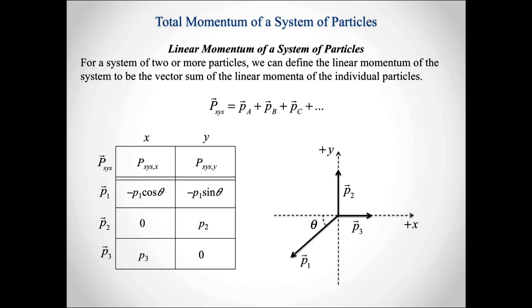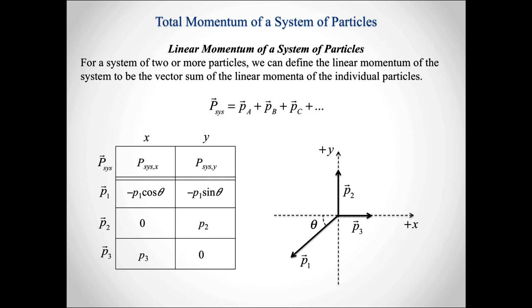For particle 1, its momentum is going to have a negative x component and a negative y component. The magnitude of both of those is going to be p1. Given that angle theta, it's going to be cosine theta for the x component, sine of theta for the y. P2 points in positive y, so the x component is 0, and all the magnitude is in the y component. P3 points in positive x, so the y component is 0, and all the magnitude points in positive x.